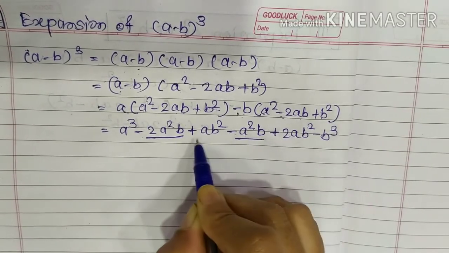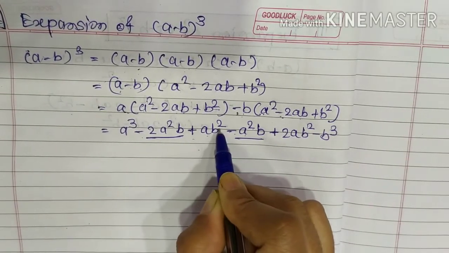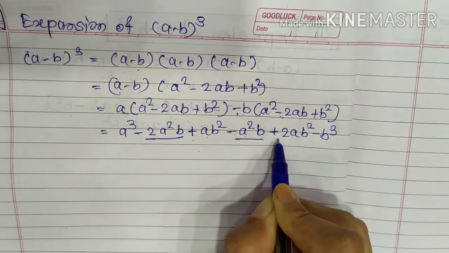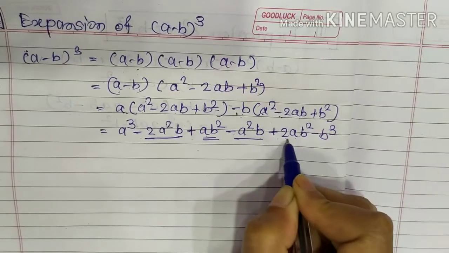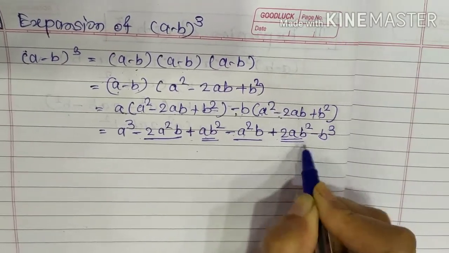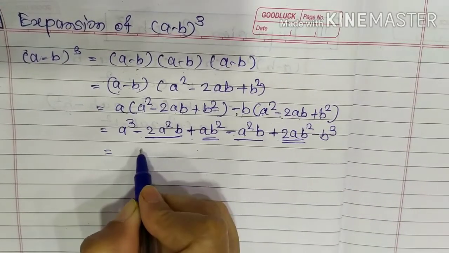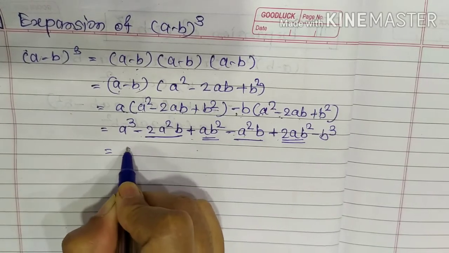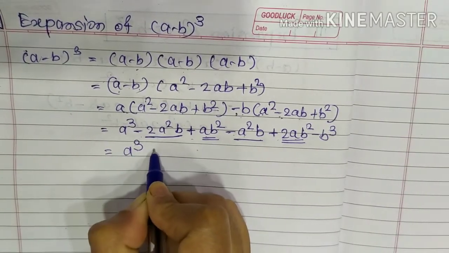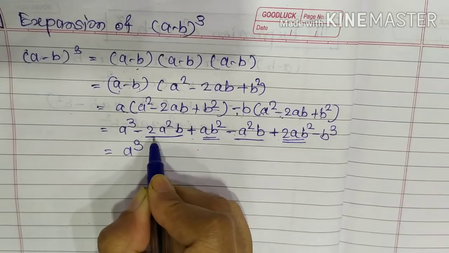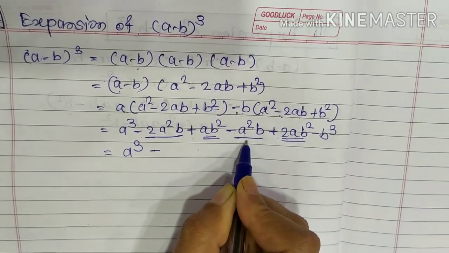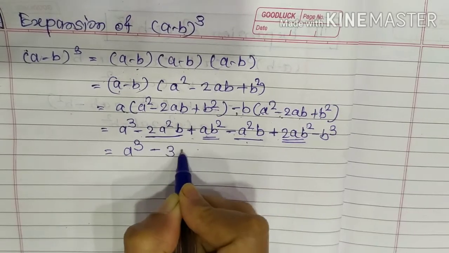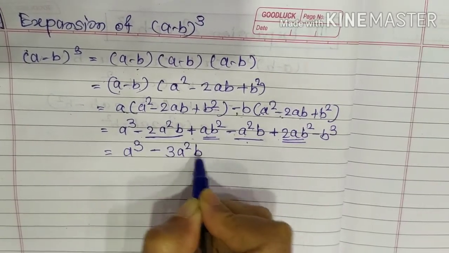Then plus ab square and plus 2ab square are also like terms. Hence we add them: a cube, this is minus and this is also minus, hence minus 3a square b.